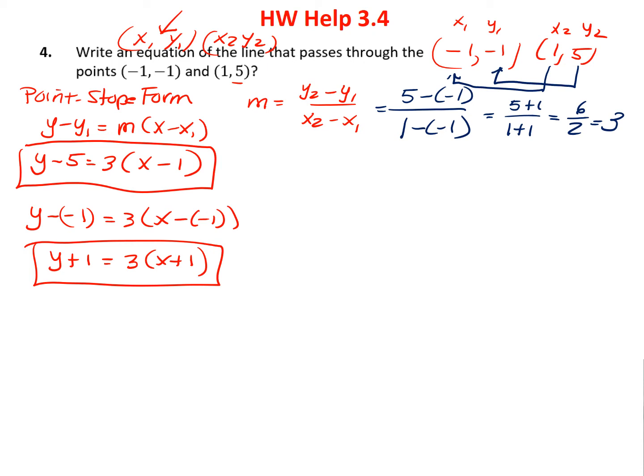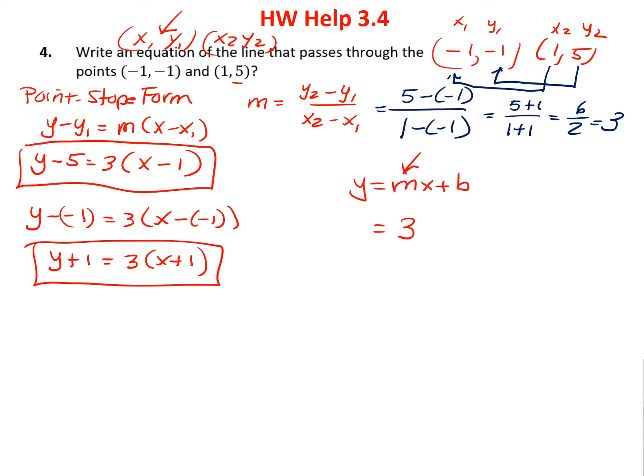You remember from our last lesson, we would have done this differently. When we were doing the slope-intercept form, we would have said, okay, I'm going to take y equals mx plus b, and I'm going to put in 3 for the slope, and then put in one of these points.